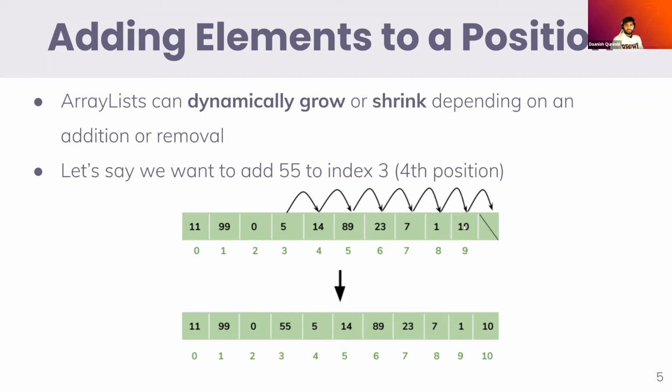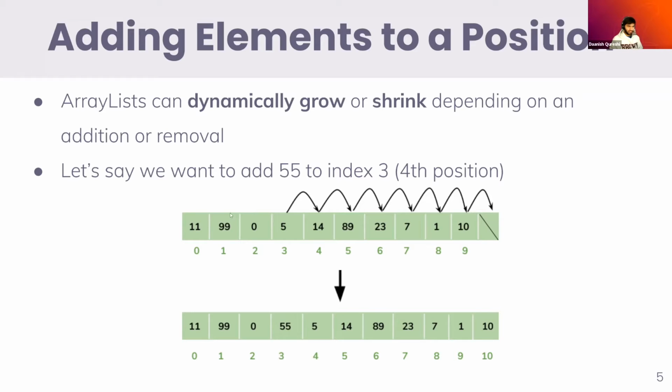It can get a little tricky sometimes with index versus position, but index is what Java looks at. Okay, good. So let's say we want to add the number 55 to index 3. What happens is Java takes that third index, slides everything over, and places 55 in the third index. We have a visual here.